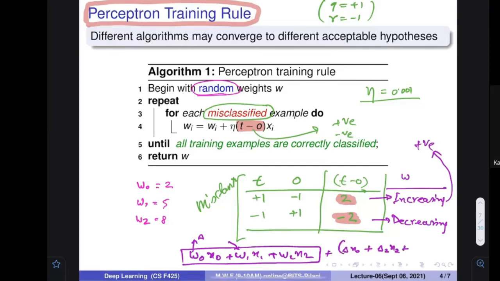If you are also increasing W2 by delta 3, then delta 3 times x2 is added. This is the extra term that you are going to add to your previous computation.